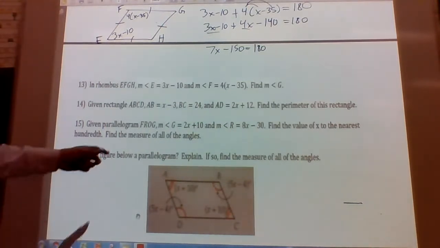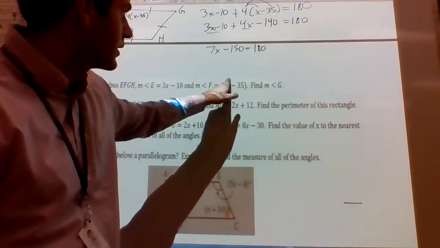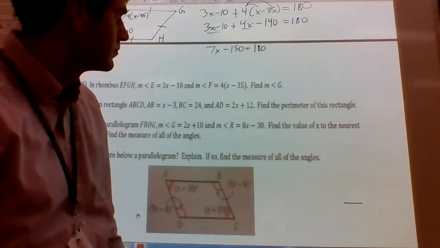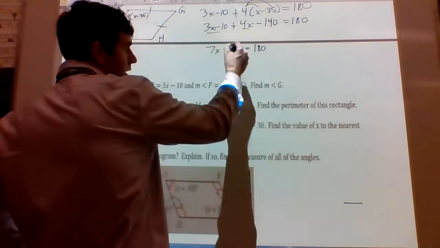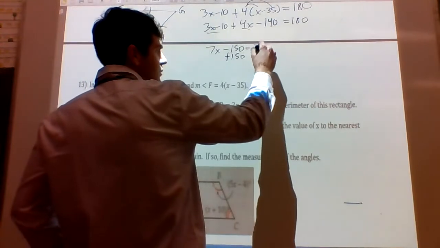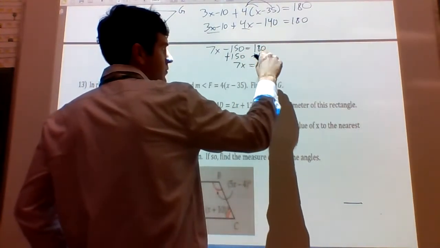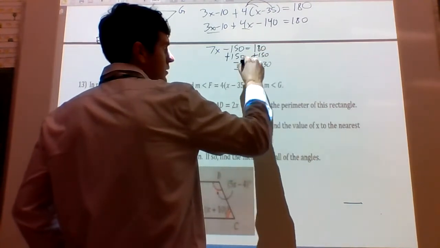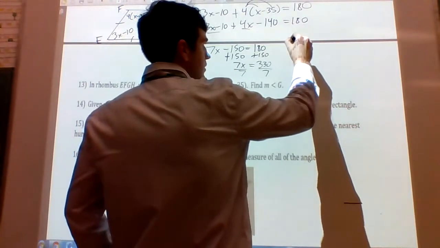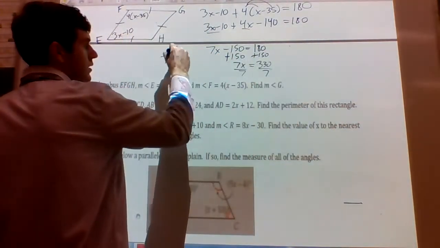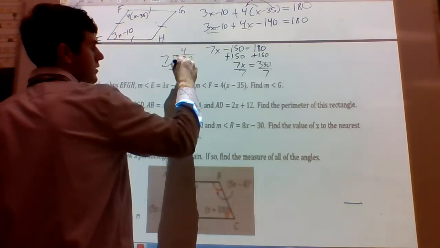What do you have? 3x minus 10. 4x minus, that's 70, 140. Add 150. Oh, we're adding. Doesn't matter. Again, decimals are fine. I just didn't think we'd have decimals. So 7x is going to, we're adding, so we're going to have 330. I assume 7 goes into 330 evenly.